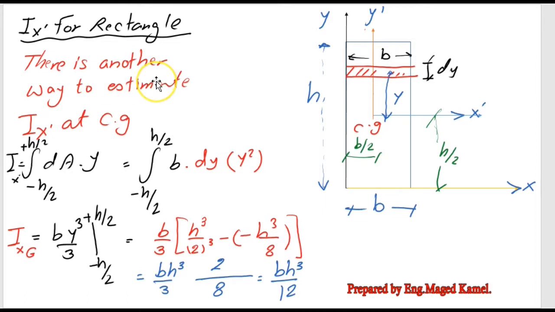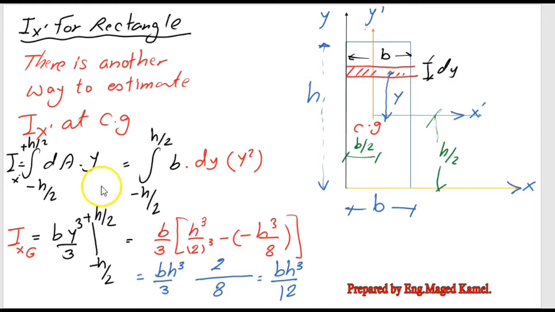Here, there is another way if we want to estimate directly without going through the parallel axis theorem. We are going to consider the x dash and y dash. And for our strip, we will consider that the vertical distance is y from the x dash. Still, our strip width is b and the height is dy.